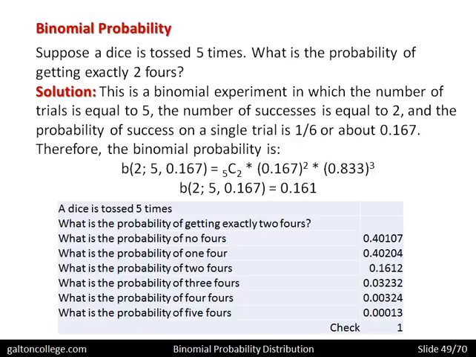And if you add it all up, of course it'll come to 1, because one of these outcomes must appear. It may be that no 4s appear, or 1 4, or 2 4s, because it's thrown 5 times. Here no 4s is a possibility, so there are 6 possible outcomes.